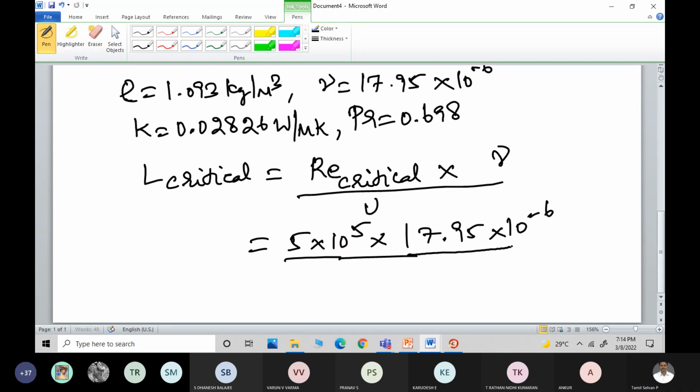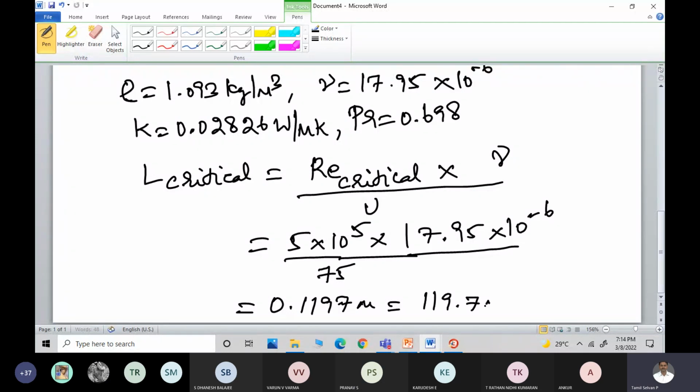What is the critical length? 0.1197 meters.